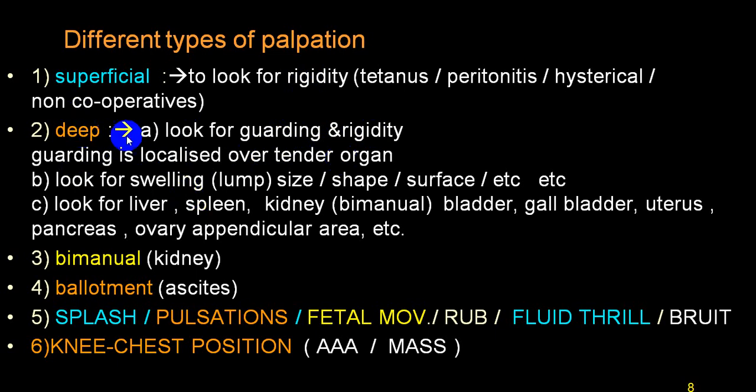While doing a deep palpation, along with identification of guarding and rigidity, you can identify a swelling or what we call a lump. In that lump, you will look for size, shape, surface, tenderness, consistency, movement with respiration, pulsation, and peristalsis. All those things you look for in a swelling at a surgical site, you will have to mention all those findings.